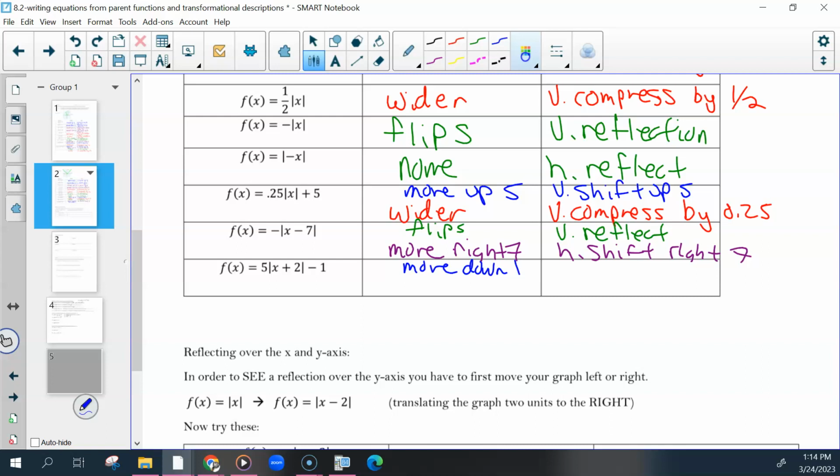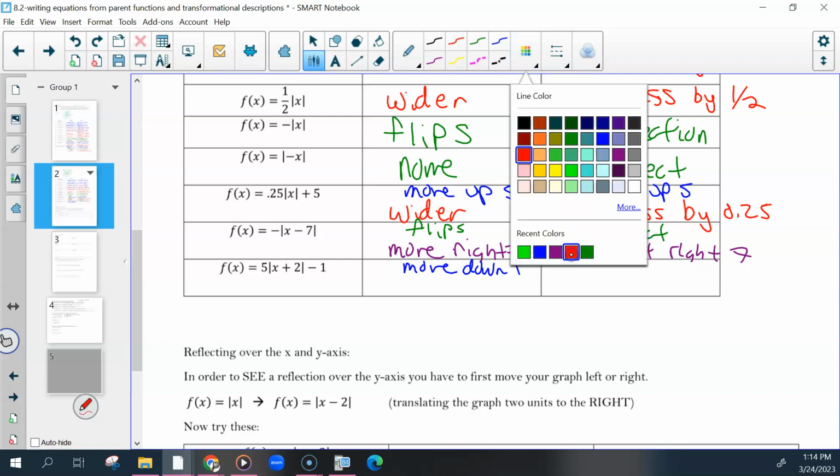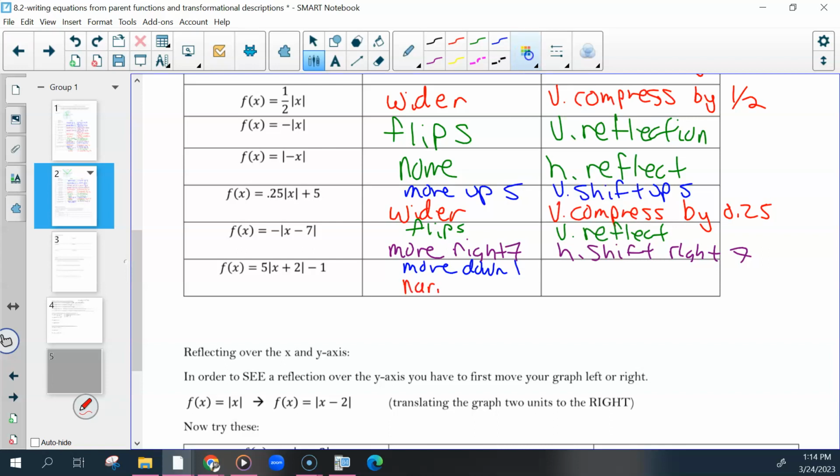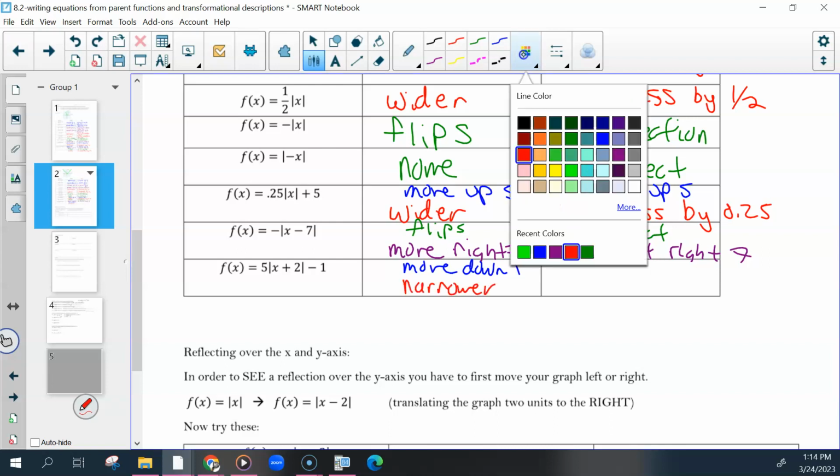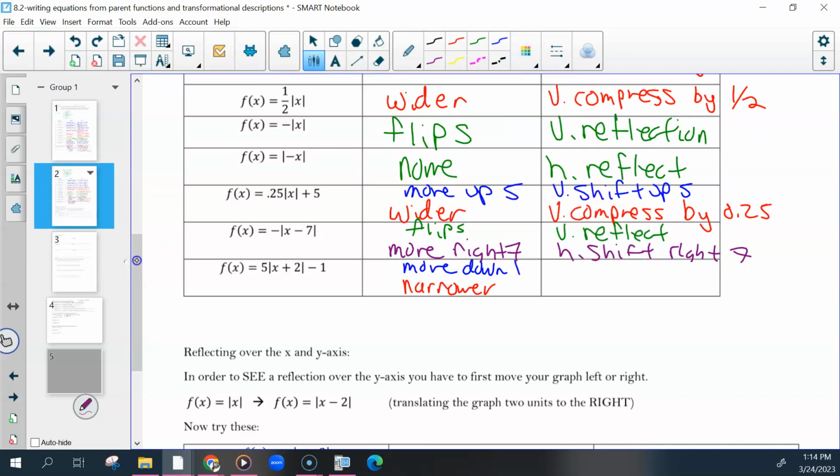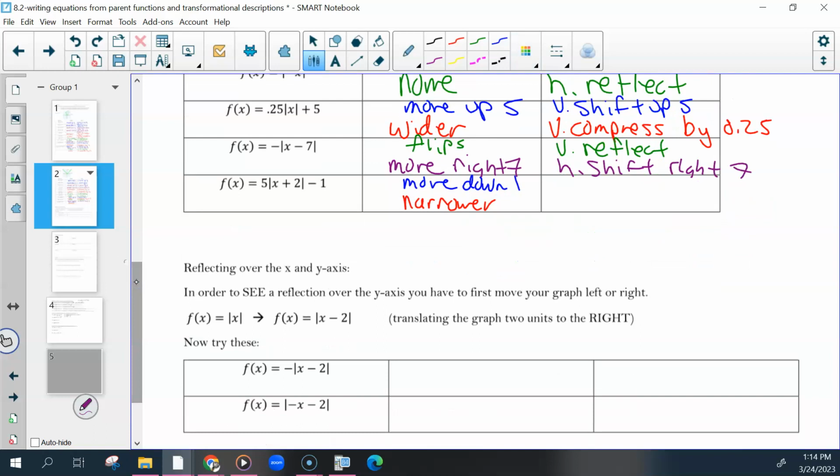Not in this case. It does get narrower. And one more thing. It's left. Always opposite.